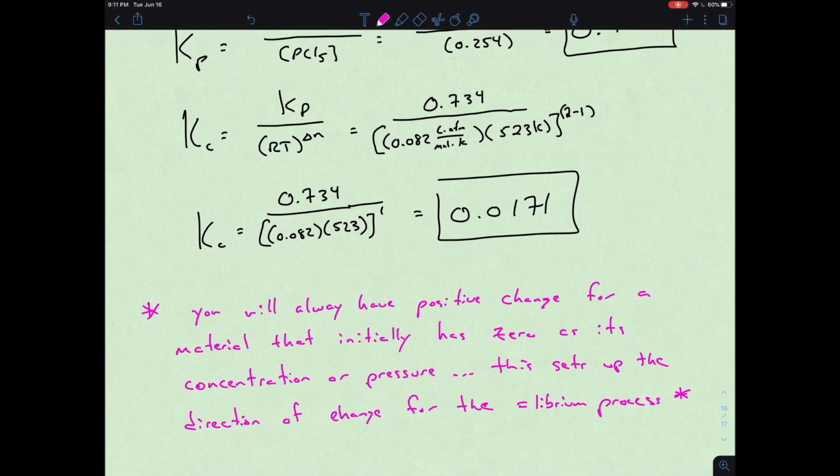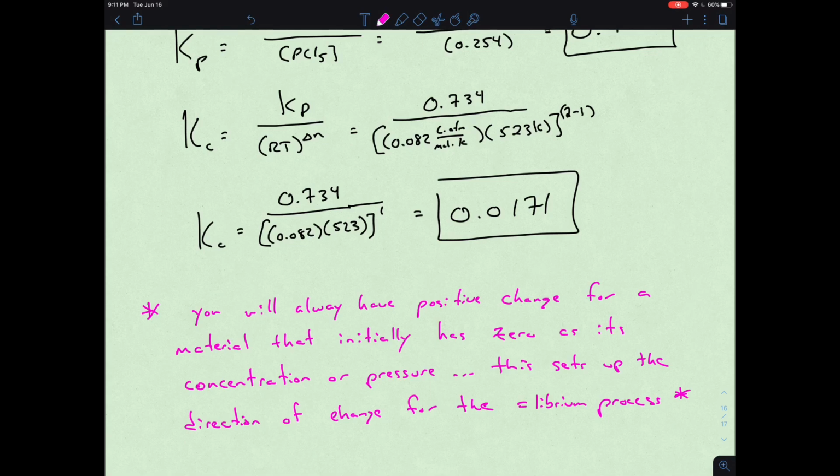So if you think about it initially, we're really talking about Q. And if we don't have any products like we did in this case, that means that we would have to actually make products, right? We have to have some value of K. So that means all of the materials within the equilibrium constant must have a value.